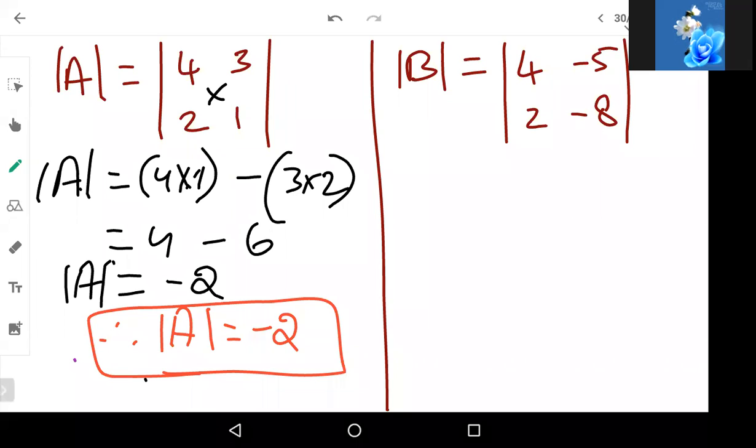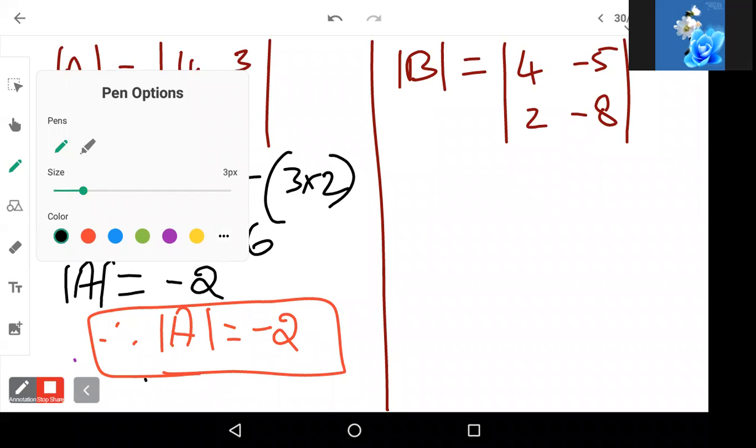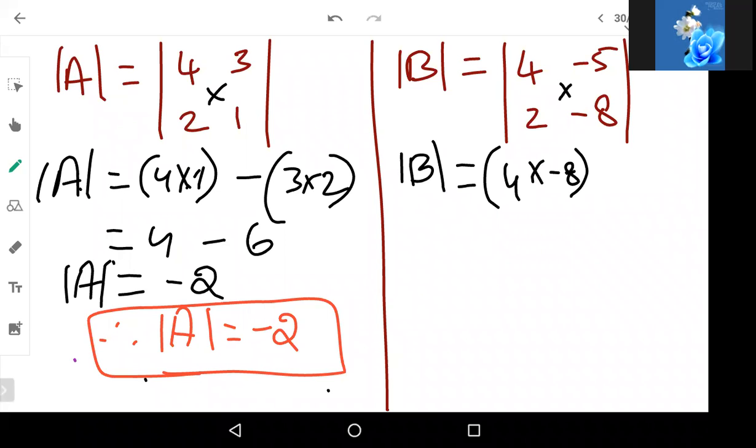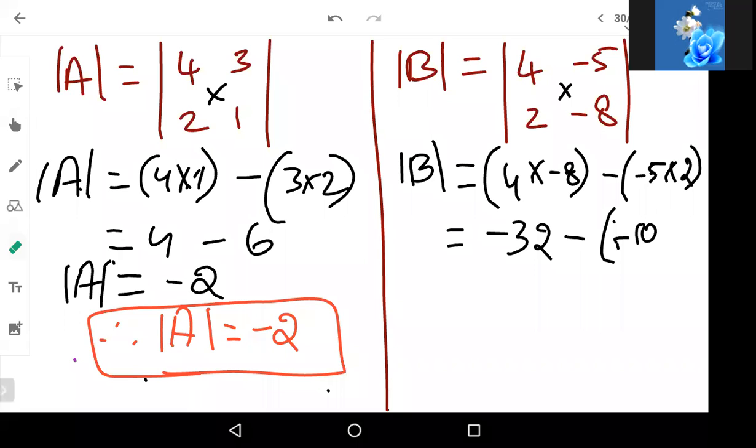Okay. Now let us do the next question. Determinant B is equal to 4, minus 5, 2 and minus 8. Again do the cross multiplication. So determinant B is equal to 4 into minus 8 minus minus 5 into 2. 4 into minus 8 is minus 32: 8 4s are 32. Minus 5 2s are minus 10. So we have a lot of minus signs here, so be careful when you're doing the problem.